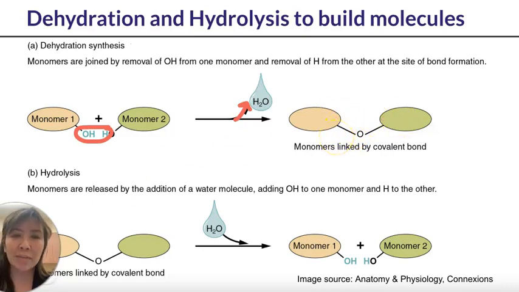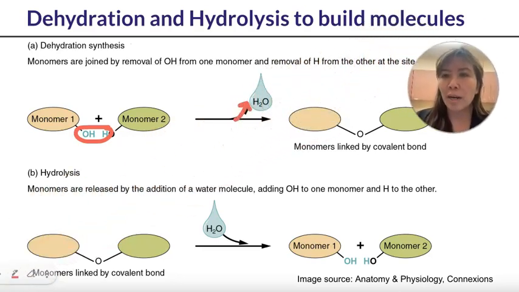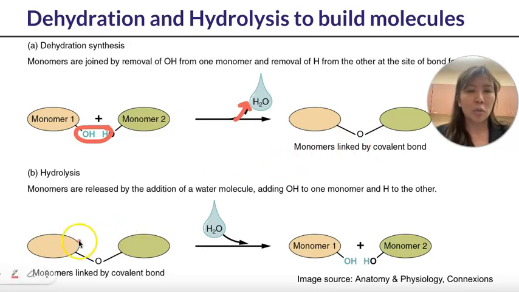And the opposite: once we have these two linked together, let's use the example I mentioned before of bread that we want to consume. After we consume it, we want to break it down into simpler molecules for us to use for energy. So we take that polymer, which is linked together by this covalent bond, and we add water to it.